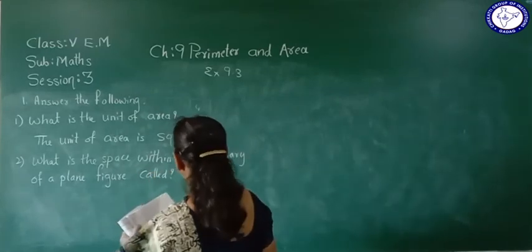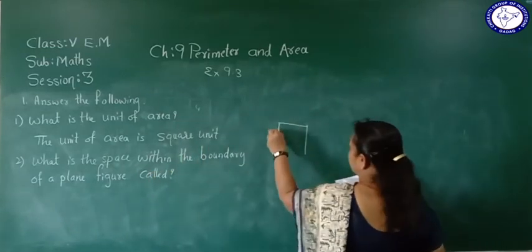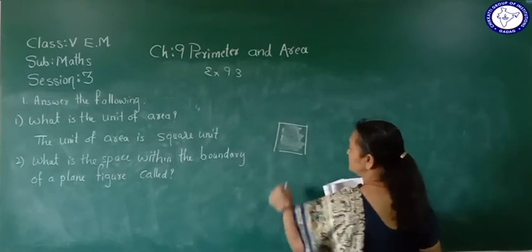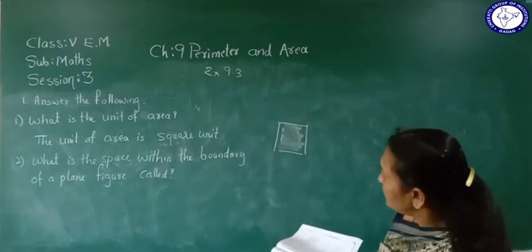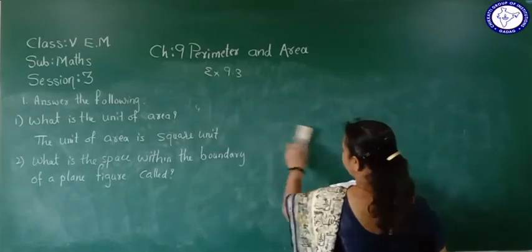So here this is the boundary, then this space is called area of the plane figure.